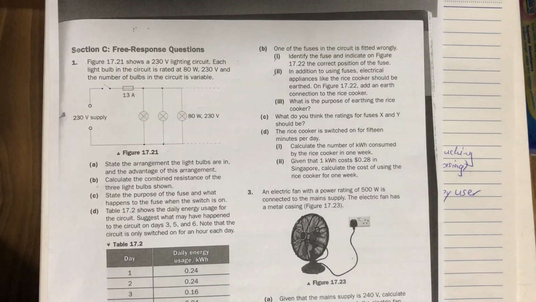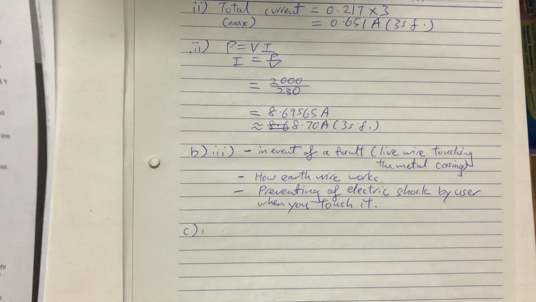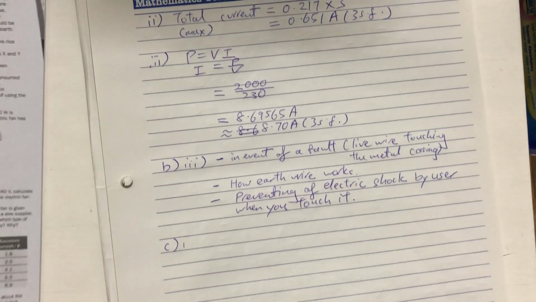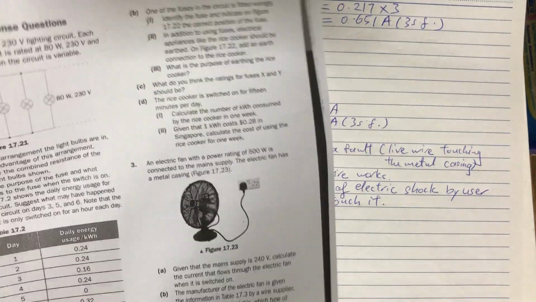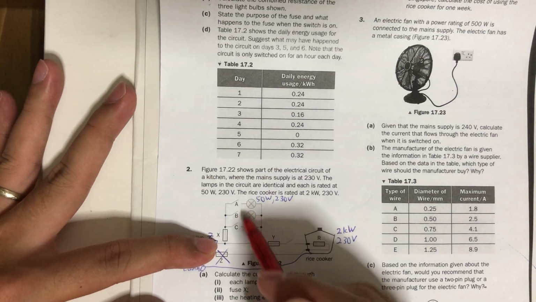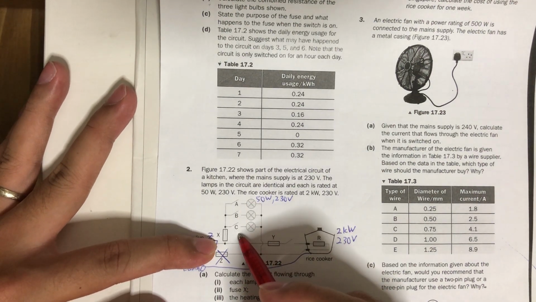Part C. What do you think the ratings of fuse X and fuse Y should be? Remember the fuse cannot be the same value as what you require for operating the circuit. It has to be slightly larger than what you need. Looking at the position of fuse X, you notice that fuse X has to accommodate a maximum of 3 light bulbs operating at the same time.